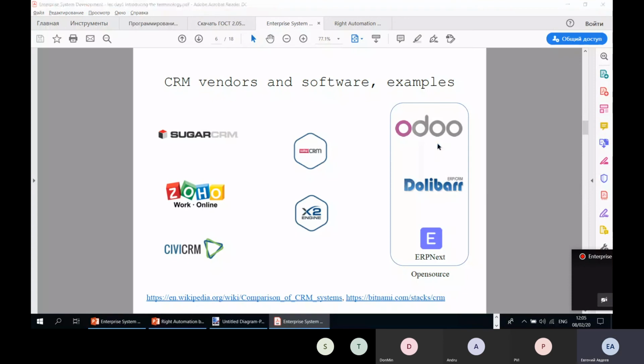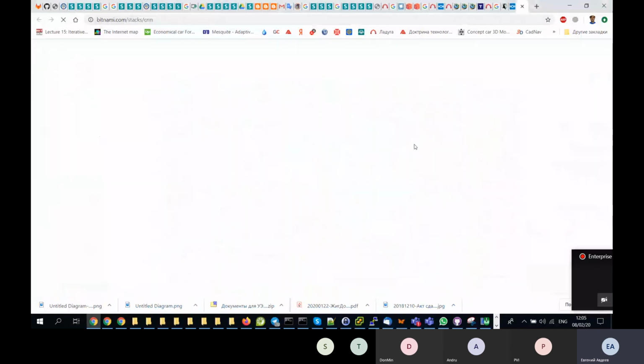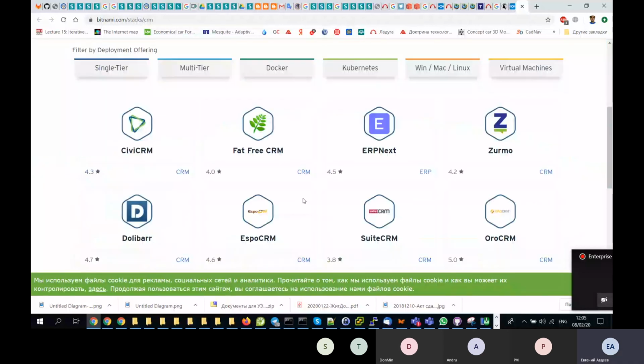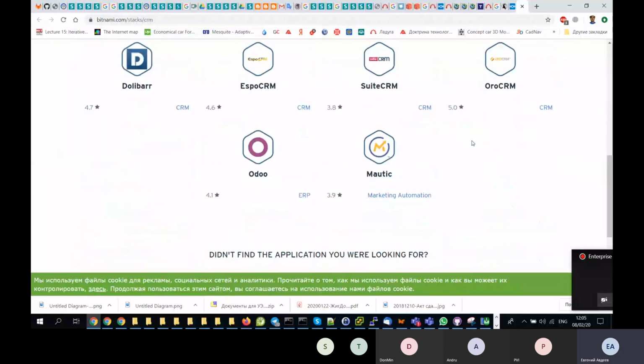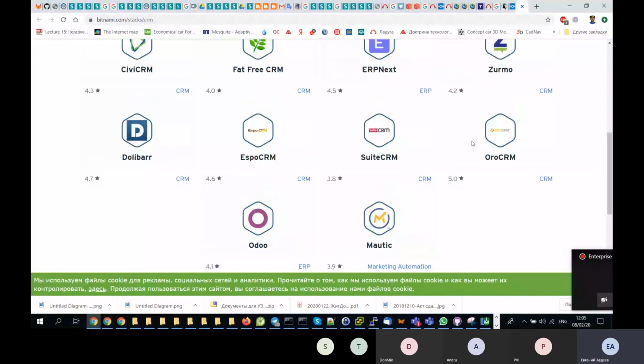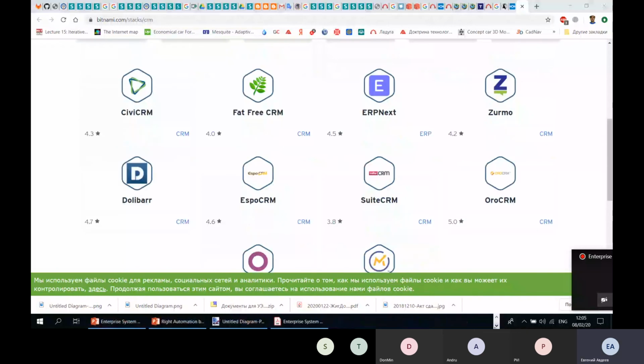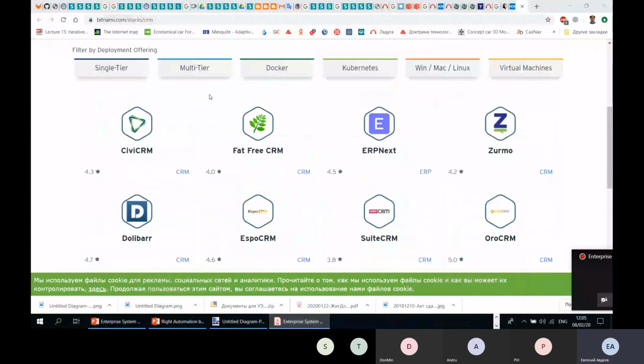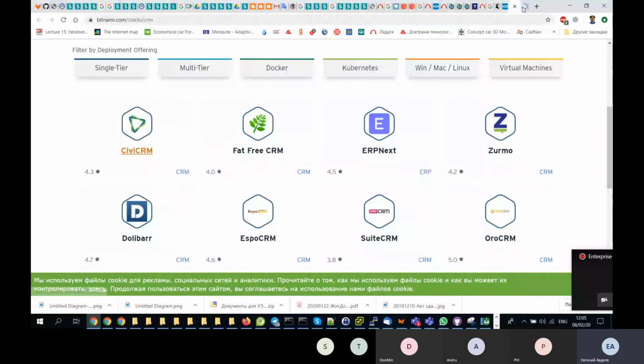So yes, it's finally opened. And here's the list. You can see it has some additional items, while in my slide it has not too many. Let's try to see what you can do with this.